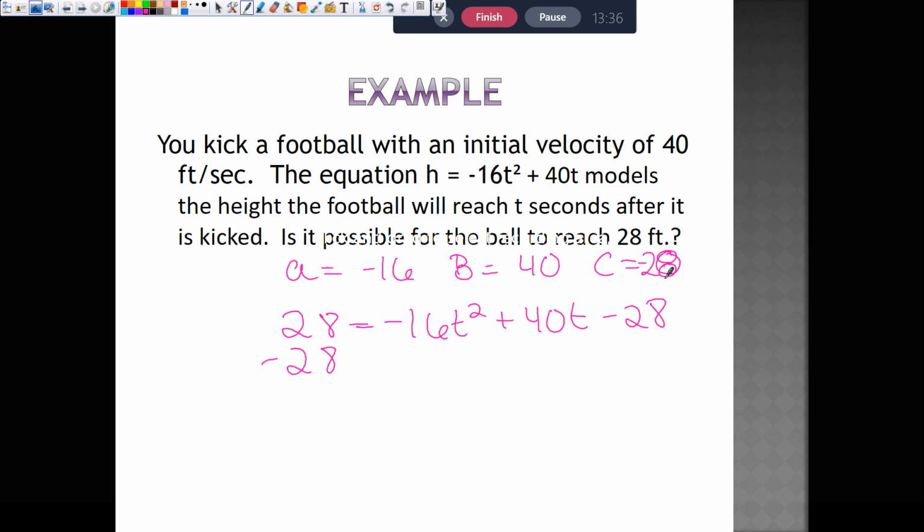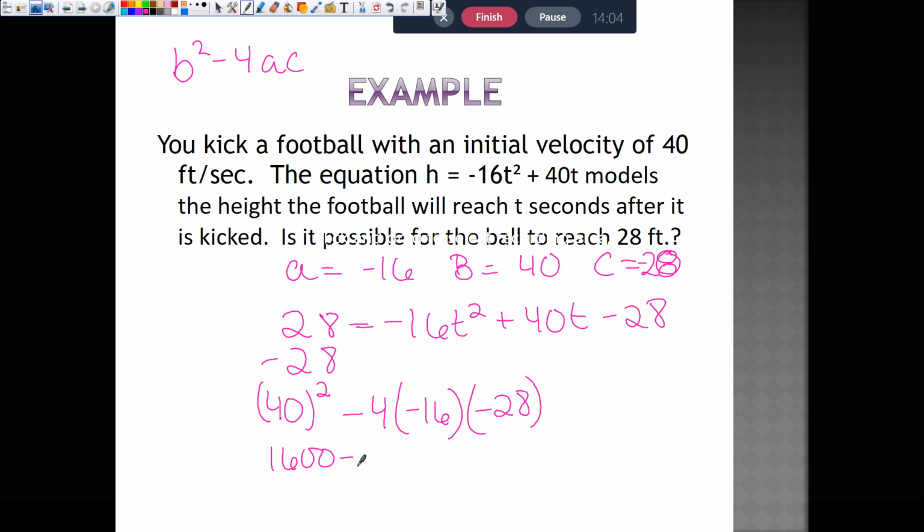Okay, so now I'm going to put this into my equation, b squared minus 4ac. So b, 40, squared, minus 4 times negative 16 times negative 28. Okay? So we'll get 1600 minus 1792.